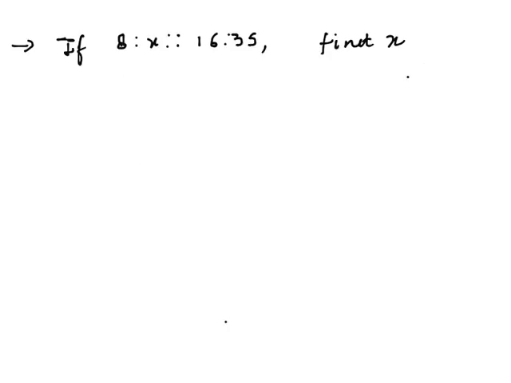So this is a way to find out whether the given ratios or numbers are in proportion or not. Next question: we are given two ratios, 8 ratio x is in proportion with 16 ratio 35, and we have to find the value of x. As they are in proportion, it means 8 by x will be equal to 16 by 35. Now we can cross multiply and find the value of x.